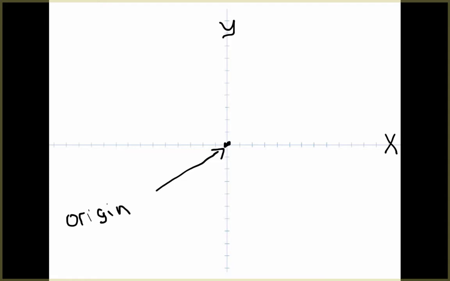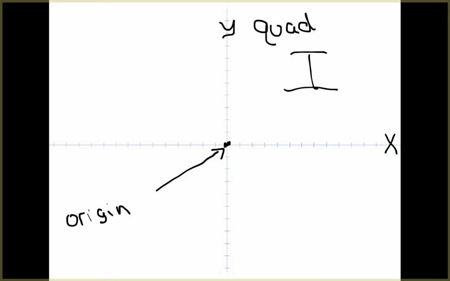We're wanting to plot points on the coordinate plane. It's basically a location on the XY axis. There's a Roman numeral there. That is called quadrant 1.